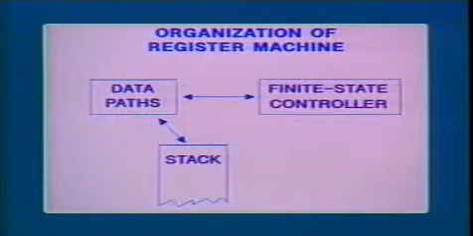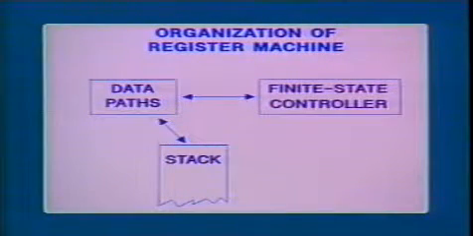And remember, the idea of the register machine is that there's a fixed and finite part of the machine. There's a finite state controller, which does some particular thing with a particular amount of hardware. There are particular data paths, the operation the machine does. And then in order to implement recursion and sustain the illusion of infinity, there's some large amount of memory, which is the stack.